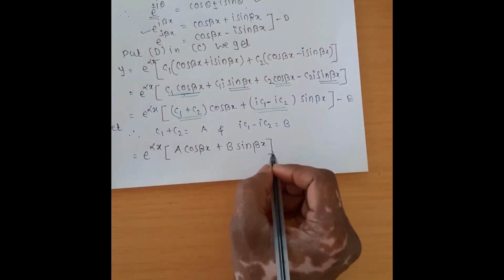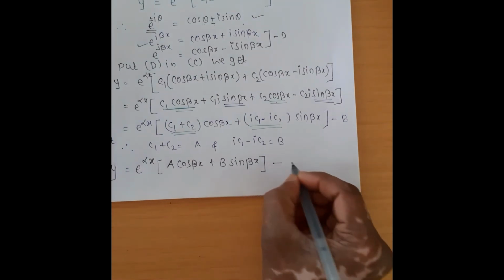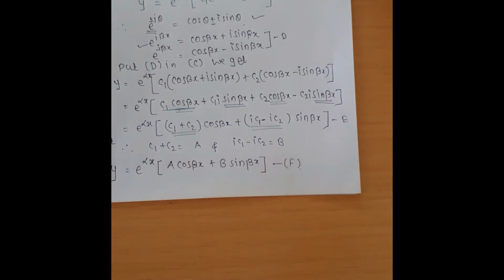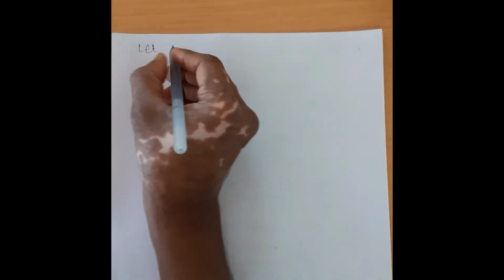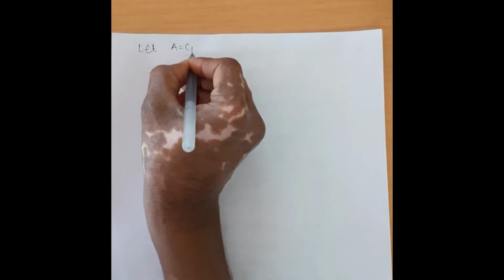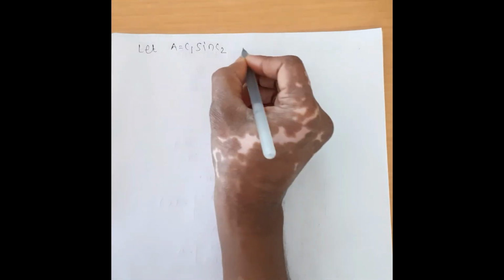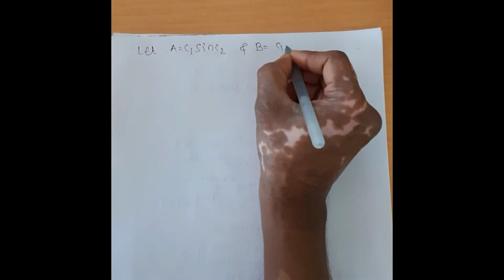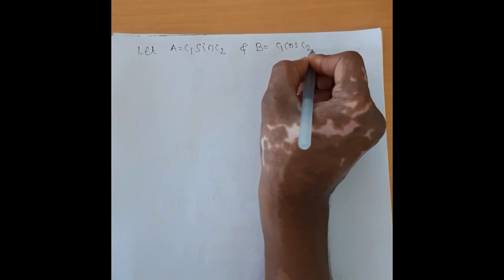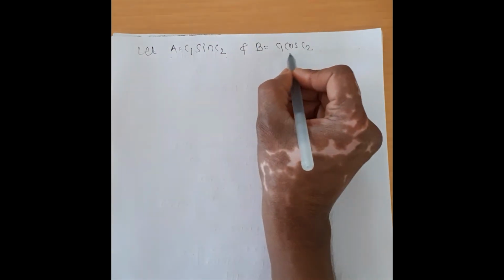Okay, so this equation is called equation F. Let A is equal to C1 sin C2 and B is equal to C1 cos C2. So it means instead of this A we substitute C1 sin C2, and instead of this B, C1 cos C2.